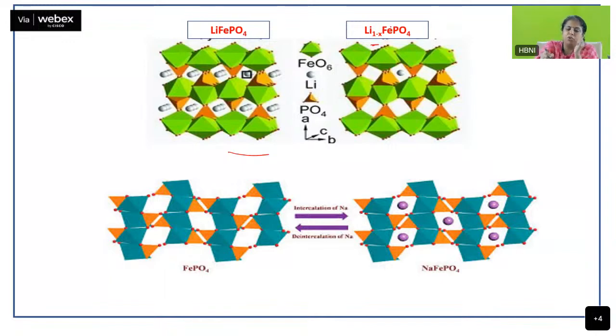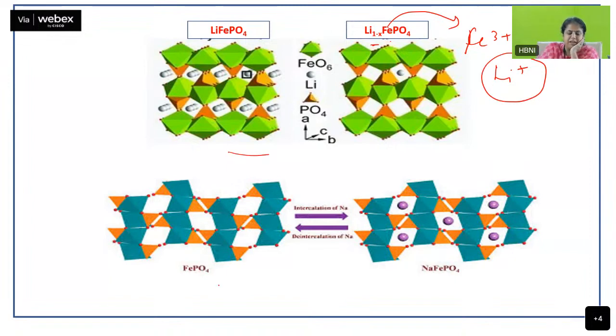So what happens is concomitantly, Fe2+ goes to Fe3+. That means once Li+ goes away, one positive charge has gone, Fe2+ gives away an electron to become Fe3+, and it is this migration of electrons that flows in the outer circuit as current.